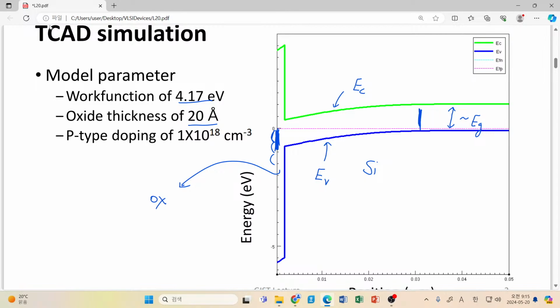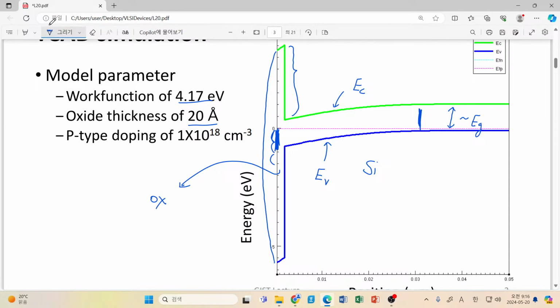And how about this? Here and there we have a really wide band gap between the conduction band of our silicon oxide and the valence band of silicon oxide. It is roughly 9 electron volt. So therefore we have a huge difference between EC and EV. Then please also think about this difference.